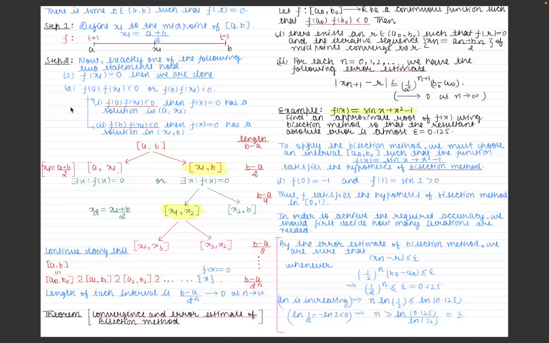So at this stage you will find one interval. So what we have, either the solution is here, f(x) equal to 0, either there exists x here or there exists x here, f(x) equal to 0. Now you see at this stage we already have an interval smaller than the previous one.